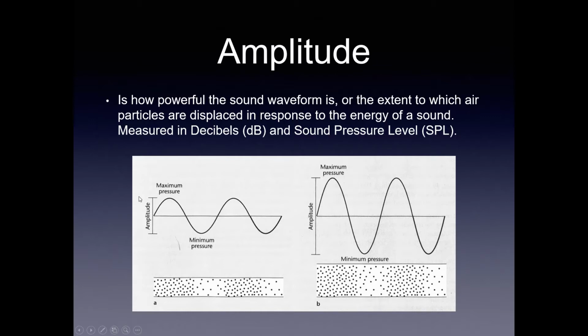It's not displacing the particles as much, versus this one has a much higher amplitude. Loud isn't really a great word because everyone's definition of loud is different, but the volume of this amplitude is going to be a lot louder, and the amplitude of this is going to be a lot quieter.